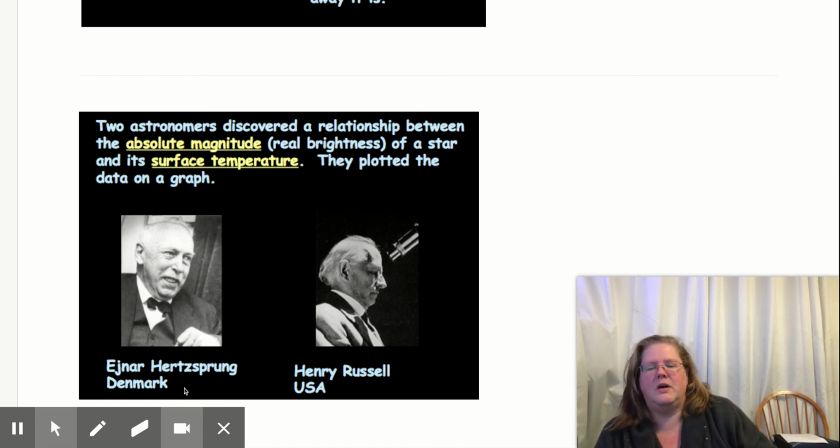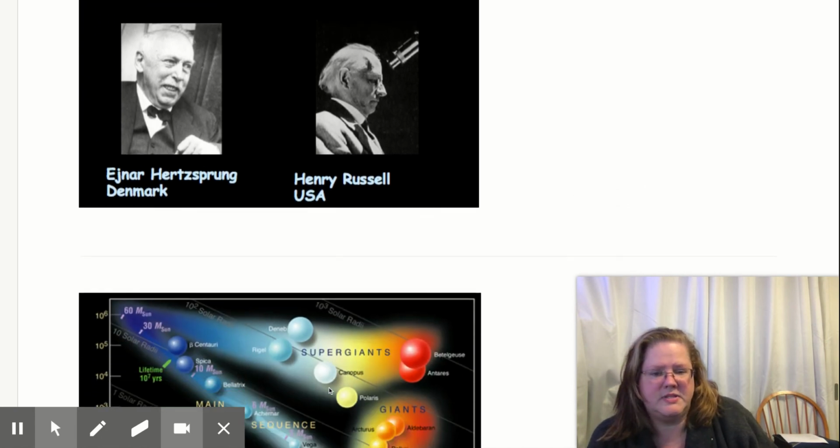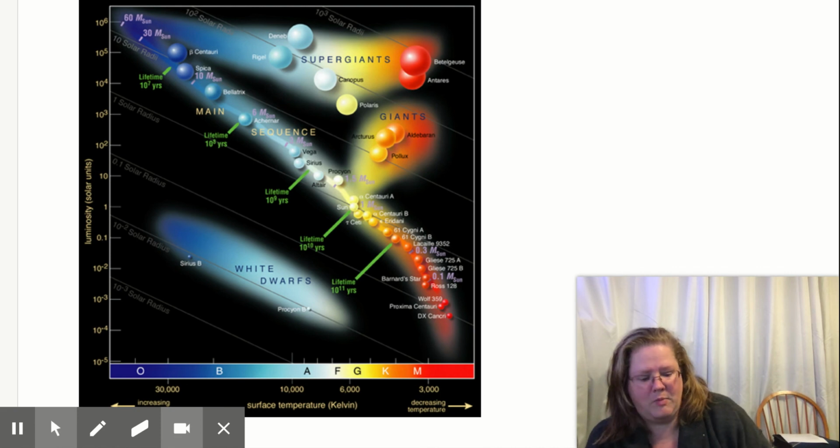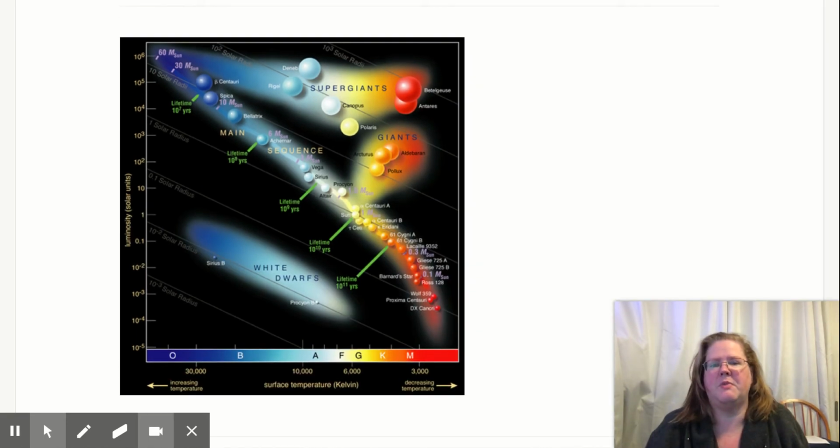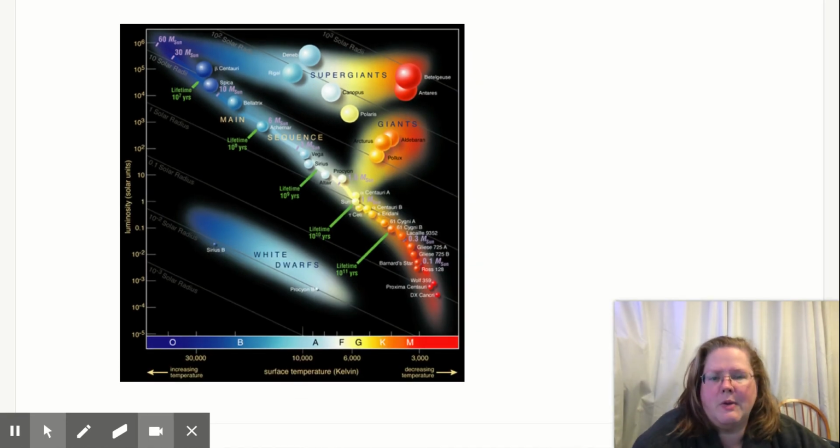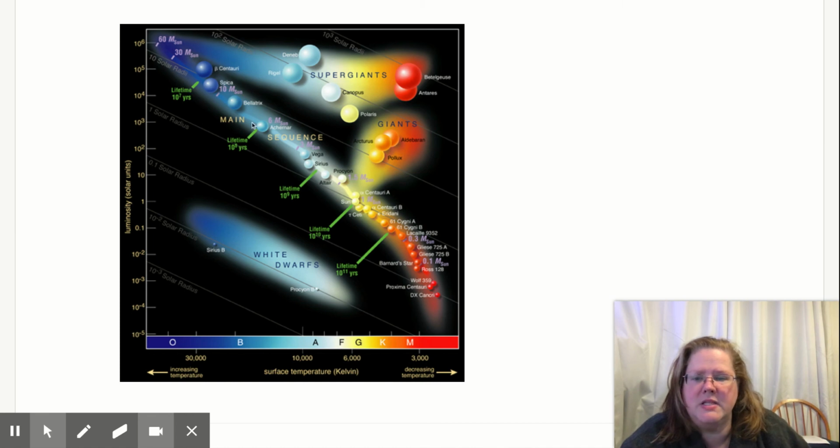The names were Ejnar Hertzsprung and Henry Russell. One was from Denmark, and the other was from the US. And they named it the Hertzsprung-Russell diagram, and that is this diagram right here. I'm going to make it just a little bit smaller. You can enlarge it on your own, but I want to make sure we can see the whole thing. And what's interesting in the life of a star, most of the time we're in this main sequence.